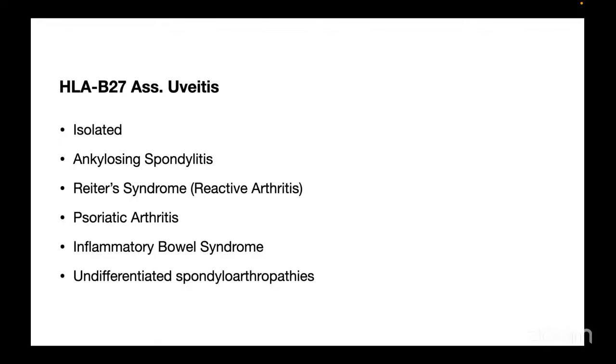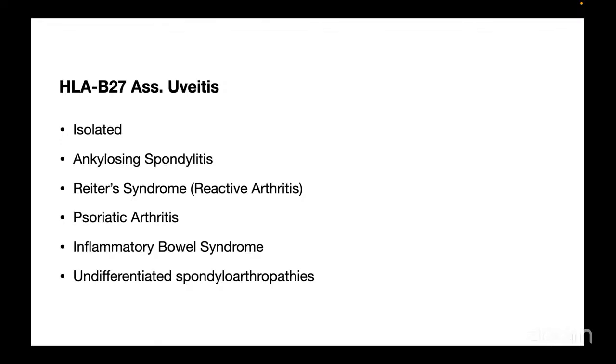Okay. So for inflammatory bowel disease, what will you ask? Or which syndrome has an association with uveitis? Crohn's disease, ulcerative colitis, dysentery, or altered bowel habits. So these patients all have HLA-B27 positivity along with different signs and symptoms.